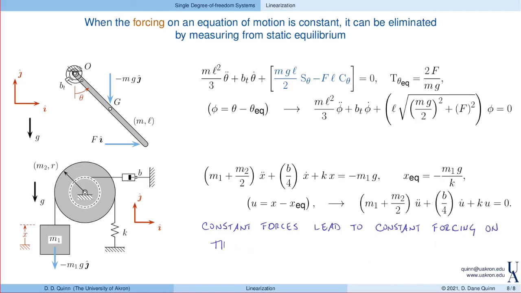And again, I want to distinguish between the forces, which are like gravity, and the forcing, which is this term on the right-hand side of the equations of motion. So in this case, these can be eliminated by a proper change in coordinates. If I measure from static equilibrium, the resulting equations don't have a forcing term on the right-hand side.